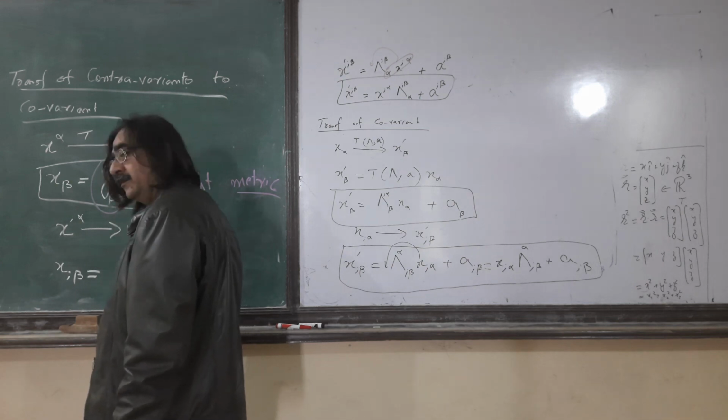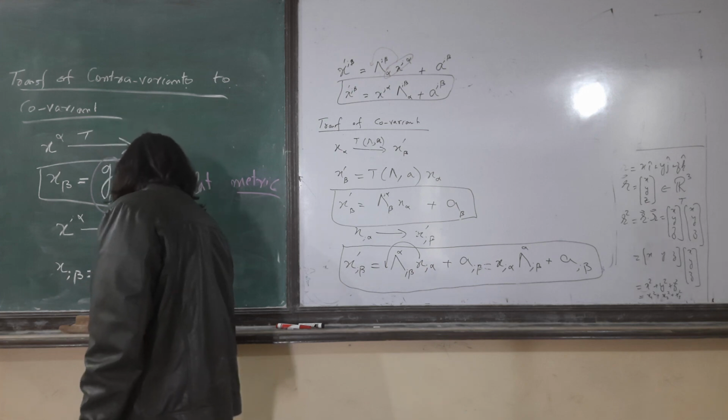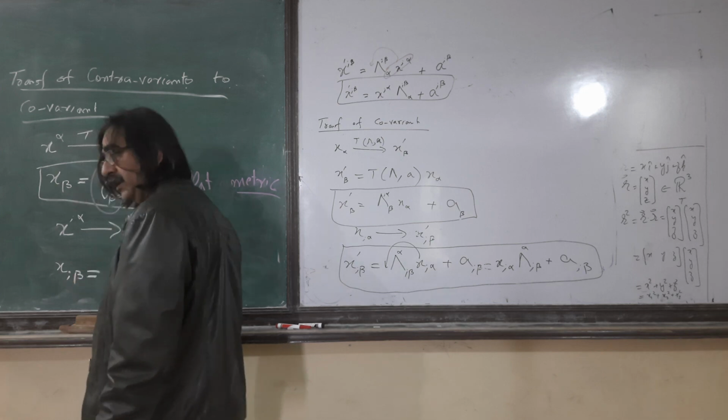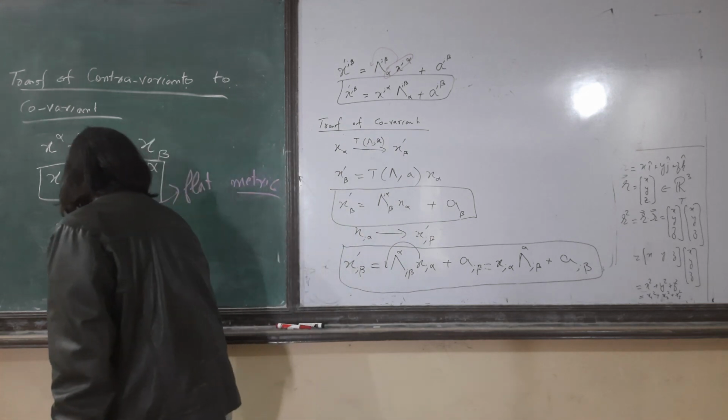Here it must be a row. It is column. So the index must always come here.